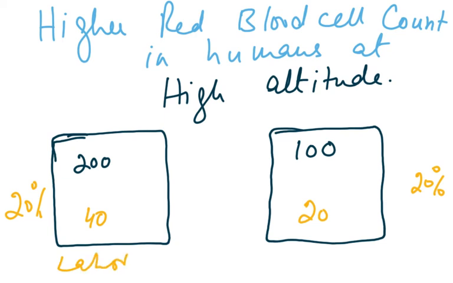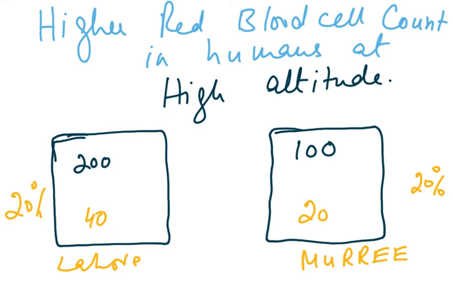Why? Because there are 200 molecules of air in which 40 are oxygen. The same room in Murree, or at a high altitude, Murree is a hilly resort where you have to climb up, and it is slightly higher than sea level. So it is at a higher level of altitude.